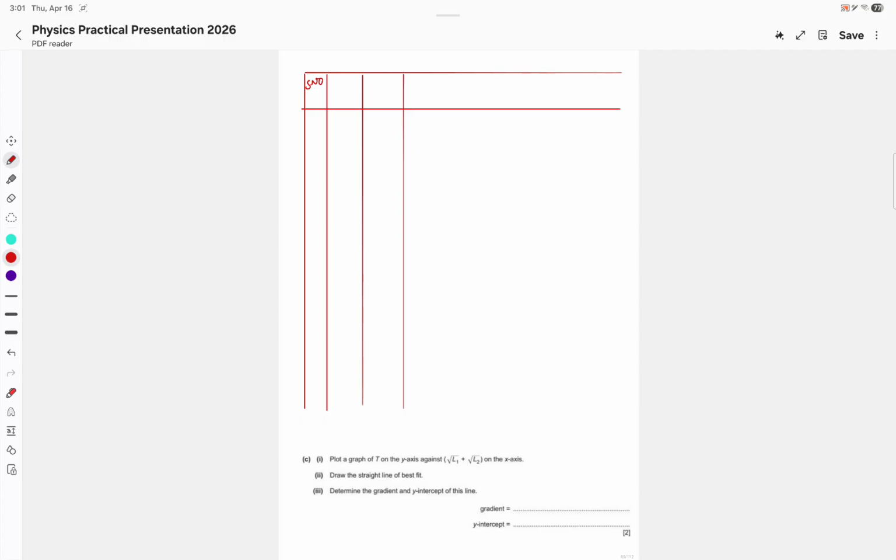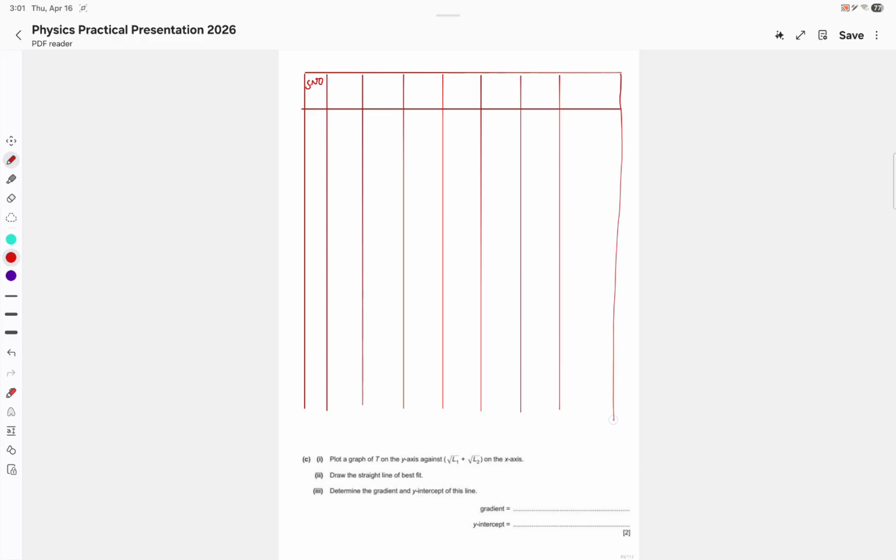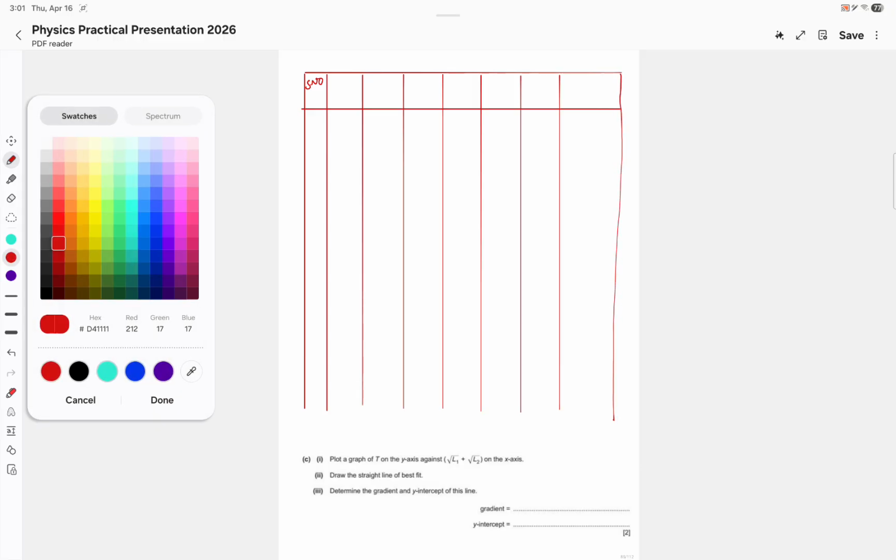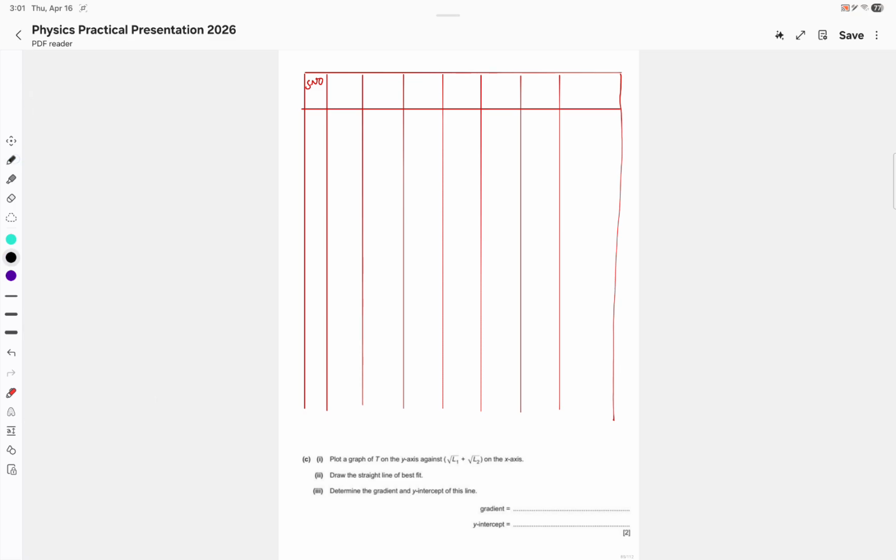Time for oscillations must be measured in terms of small t, time for a number of oscillations. So your first column is for the first attempt of time t1, second attempt of time t2, average, capital T, and then the last final column I am going to write over here.